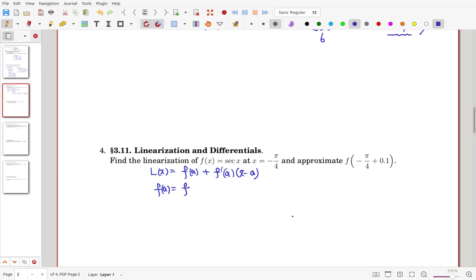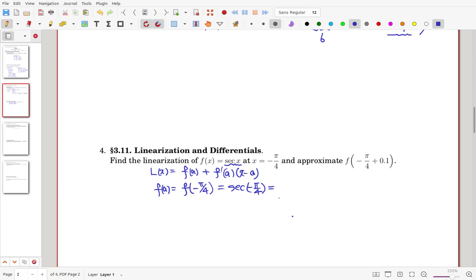Now in this case, f at minus pi over 4. But that is sec x, so that is sec of minus pi over 4. Right? So that is 1 over cosine of pi over 4.